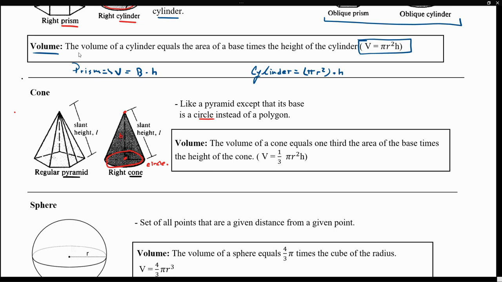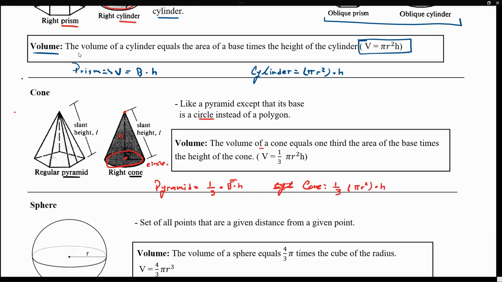We said that for a pyramid, the volume is equivalent to 1/3 times the area of the base times the height. But now for a cone, the base is a circle. So we can modify this, and instead of writing the area of the base, we plug in pi r squared, the area of a circle.